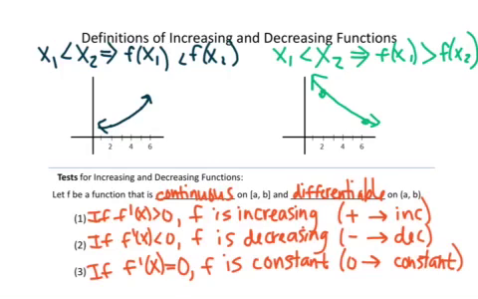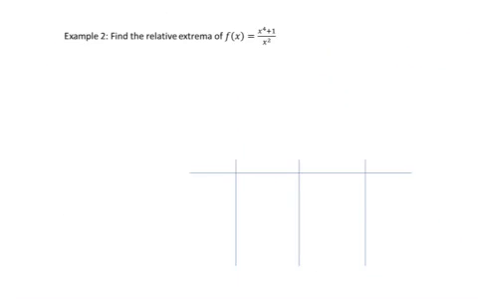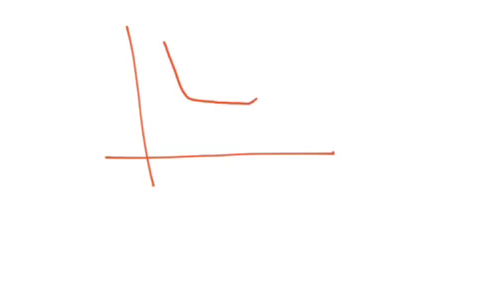Okay, so just to kind of sketch a little picture of what that looks like, we know that on any function's graph where the derivative, or the slope, is negative, that implies the function is decreasing.